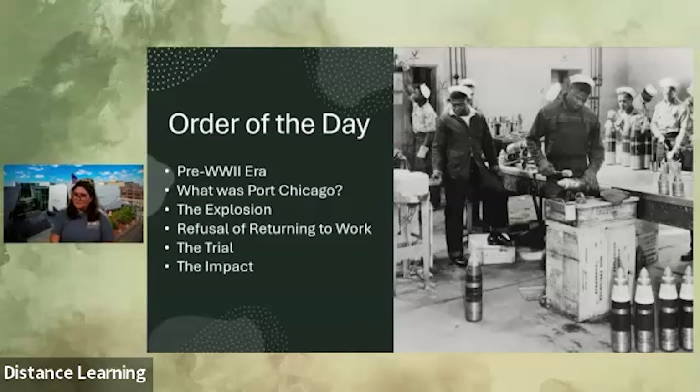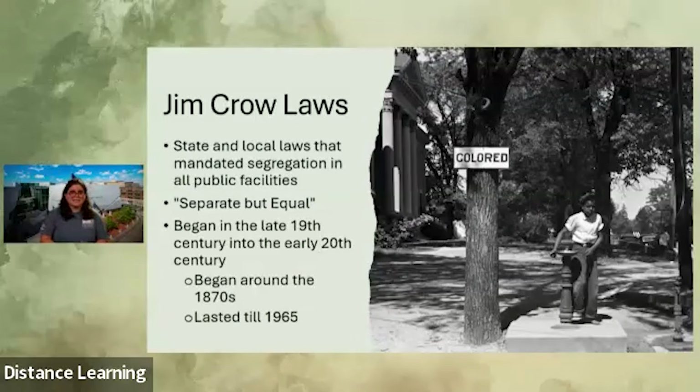To start us off with a little bit of the pre-World War II era, we're going to look at a topic that a lot of students learn about in history, unfortunately a very hard topic to learn about in American history, and that is segregation. The Jim Crow laws, which were state and local laws, mandated segregation in all public facilities, especially in the South.